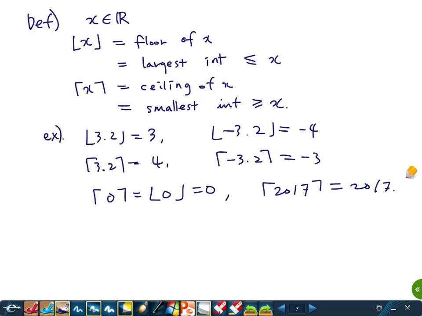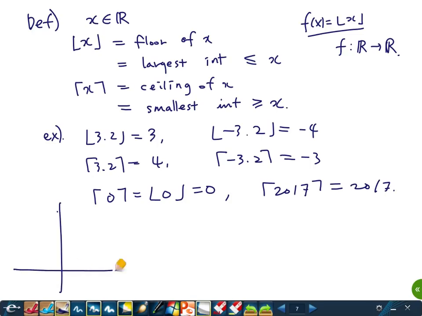And so this is a function from R to R. If you say f of x is the floor of x, then f is a function from R to R. So what is the graph of this? Let me try to draw y equals the floor of x first.